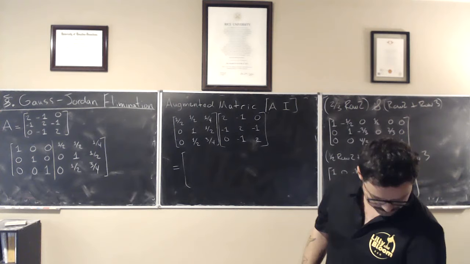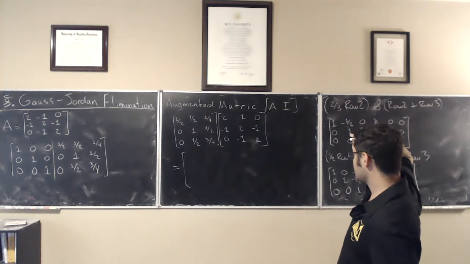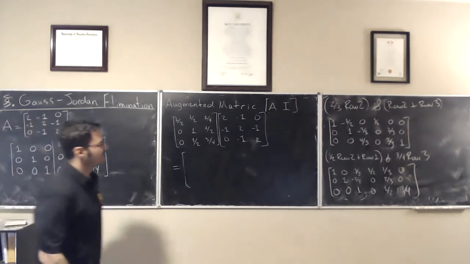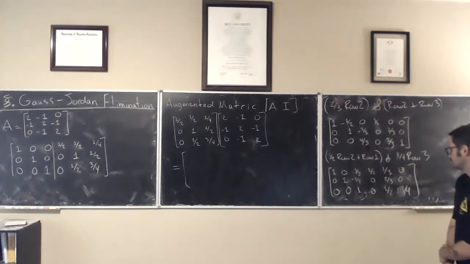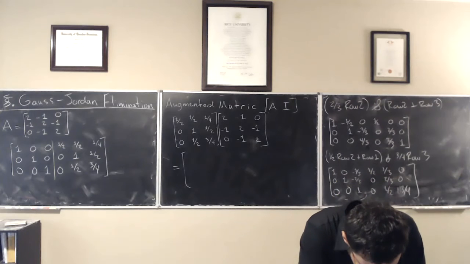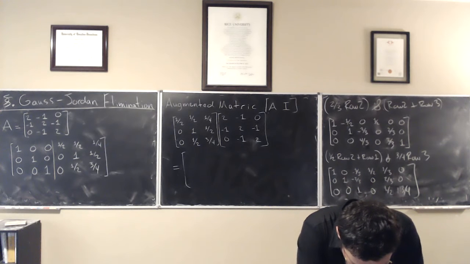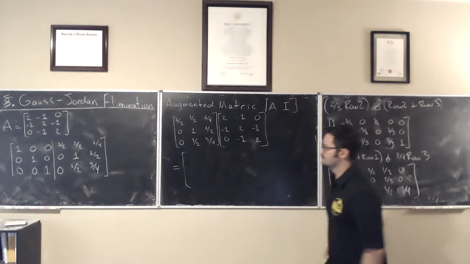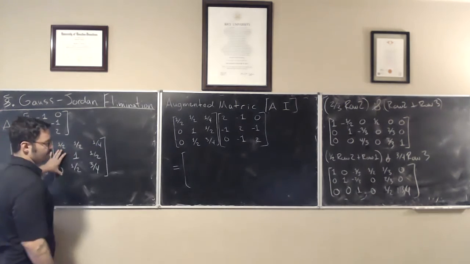Somewhere I got the first column wrong. Why are there always these zeros right here? Somewhere I got it wrong. Everything else is fine. It's just this column that is off.